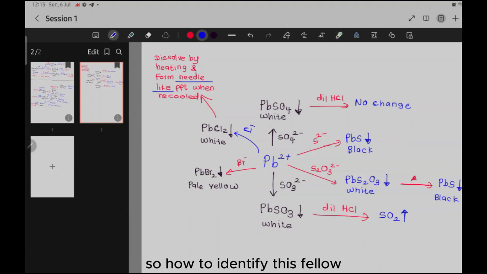So how to identify this fellow? PbBr2 dissolves by heating, same thing, dissolves by heating.